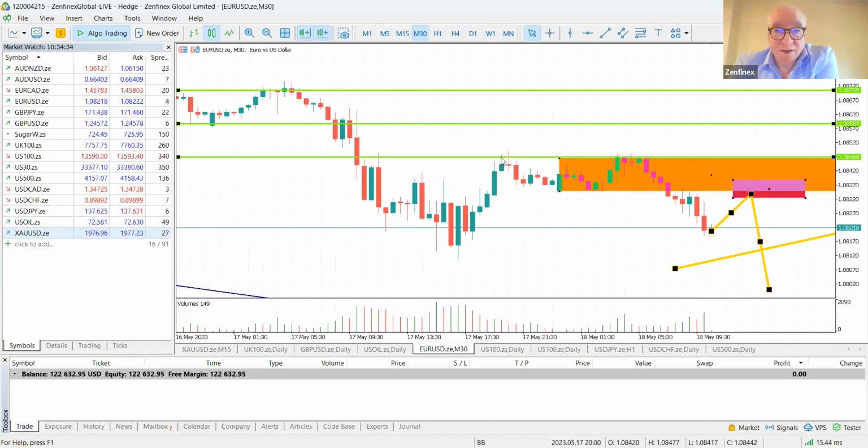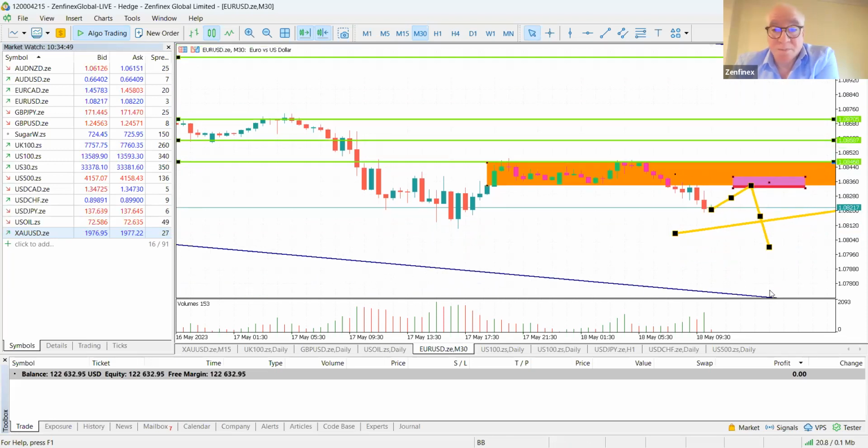We marked out the fact that this consolidation area, even on a short-term basis, has been retested. It may come back and retest this for us to take this trade all the way down to the bottom of the channel. And by the way, please don't be shy to ask any questions in the chat. More than happy to answer them, more than happy to look at any different instruments that you might be looking at. So that's the euro dollar.